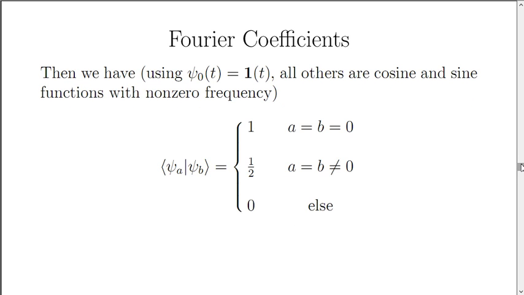When we do that, we have the following set of inner products of basis functions. The inner product of two basis functions is equal to 1 if they're both the unit function. It's equal to 1/2 if they're the same function but not the unit function, and it's equal to 0 if they are different basis functions. That's what makes them orthogonal.